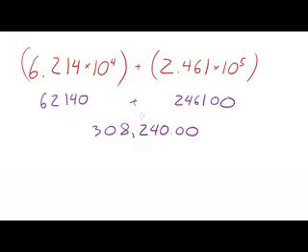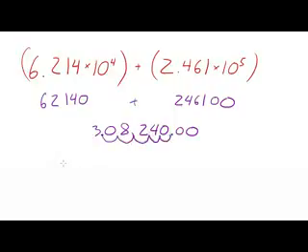If you ever had this question on a test from your science teacher, you need to take this final number and convert it into scientific notation. In order to do that, you want to move the decimal place all the way over here. You're saying, here's where I want it to be, but here's where it is right now. All you need to do is count the spaces: 1, 2, 3, 4, 5.